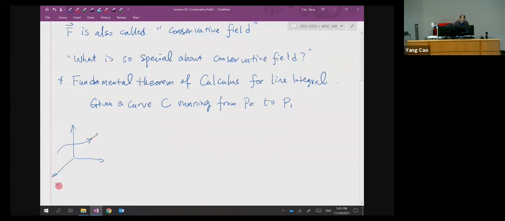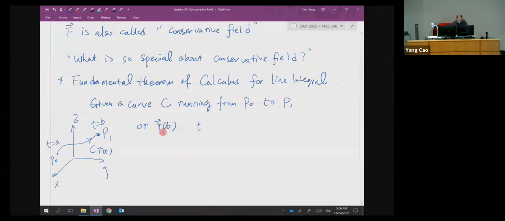Let's say this is curve C in 3D space, starting from the point P0 and ending at a point P1. In terms of a parametric equation, it is r of t. When t equals a, we are at P0, and when t equals b, we are at P1.